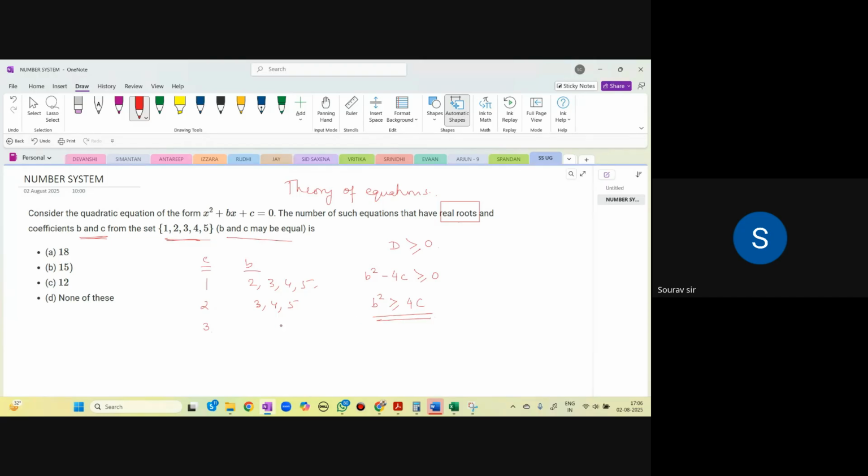That means B can be 4, 5. C is 4. B square has to be greater than or equal to 16. So 4, 5. Right? C is 5. B square has to be greater than 25.